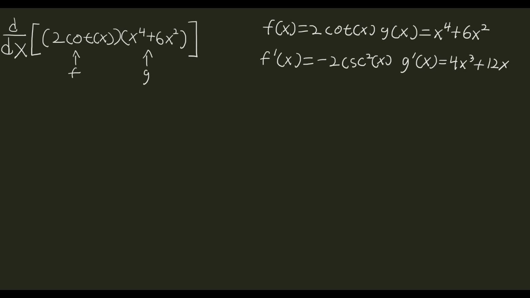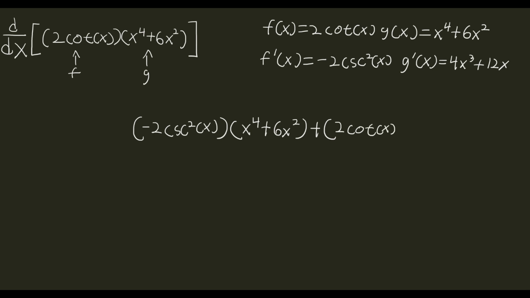Doing so, that would get us negative 2 cosecant squared x times x to the fourth plus 6x squared plus 2 cotangent x times 4x cubed plus 12x.